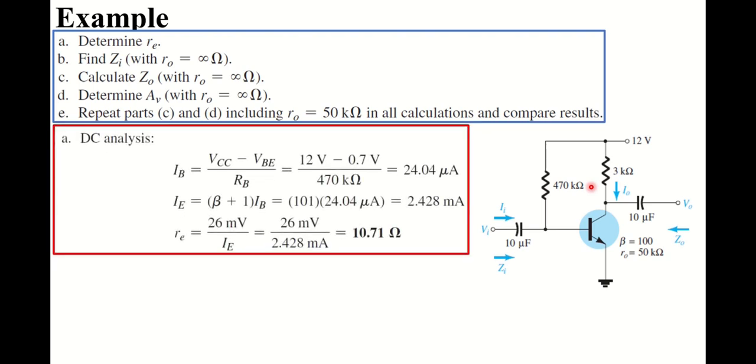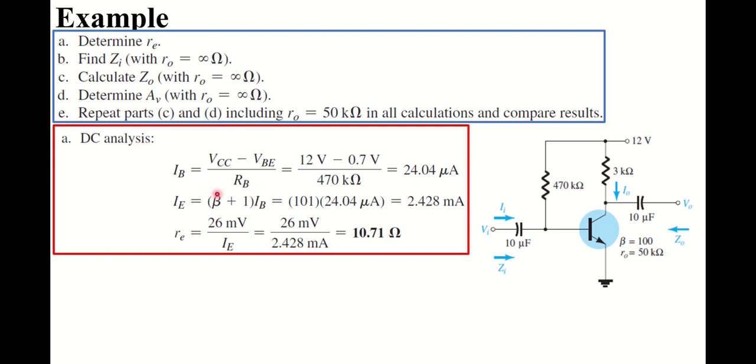As it can be seen, first the value of base current should be calculated by this equation. You must remember that this equation has come from applying KVL at the input side of this particular configuration.